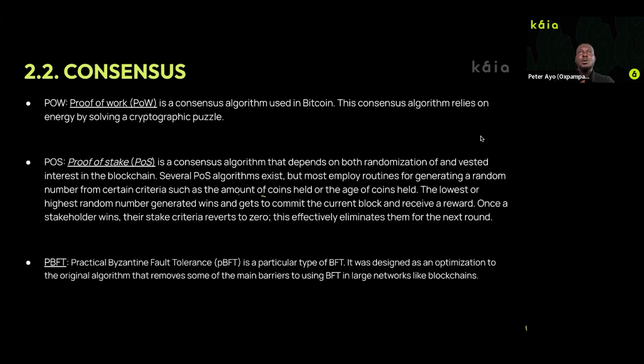In this case, what we are trying to look for is a nonce that can provide a hash with four leading zeros. The nonce is a special number that needs to be solved, and that's the cryptographic puzzle, right? The miners need to find a way to find a nonce.